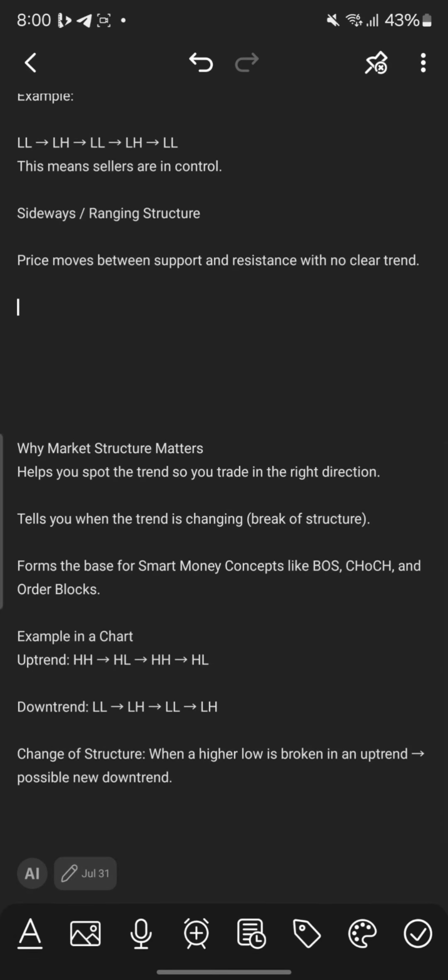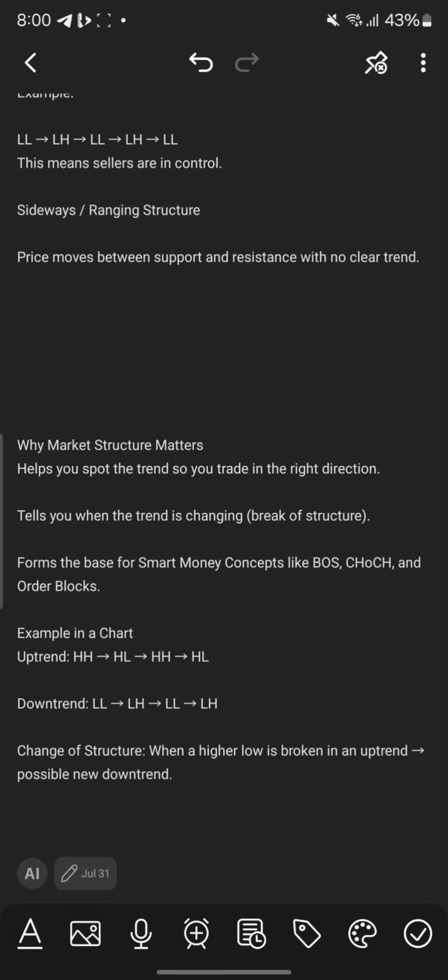Now, why does market structure matter? It helps you spot the trend so you trade in the right direction. So if you don't understand market structure, you cannot trade in the right direction. Do you understand that?